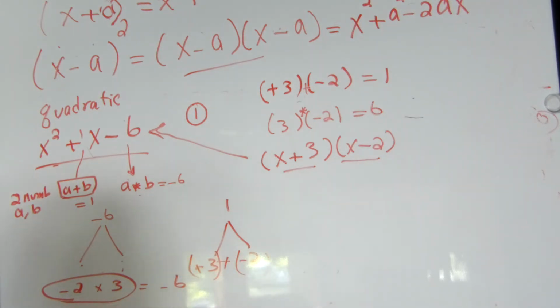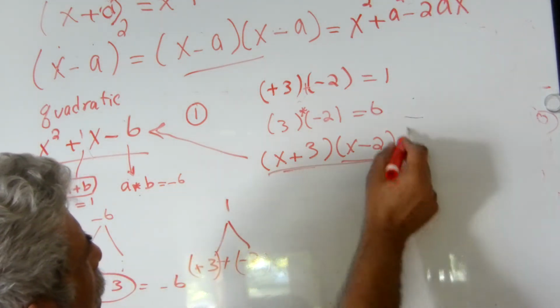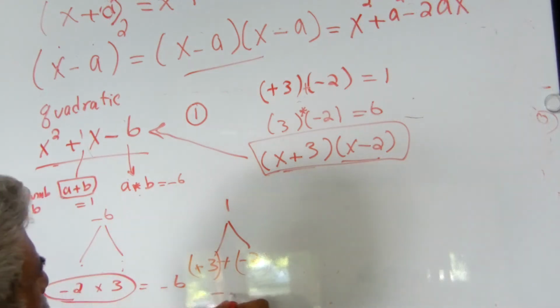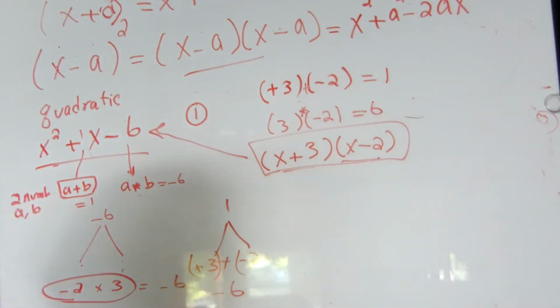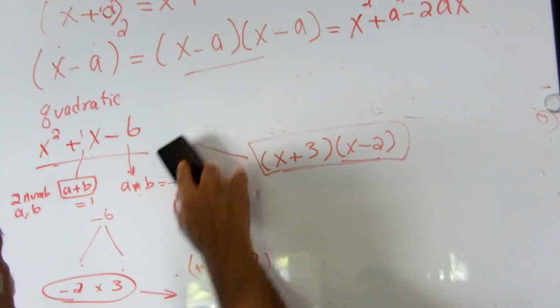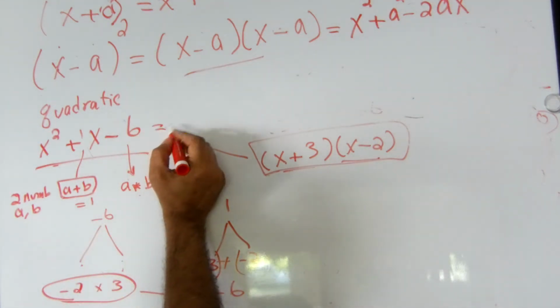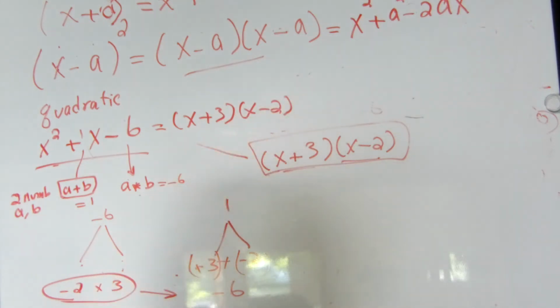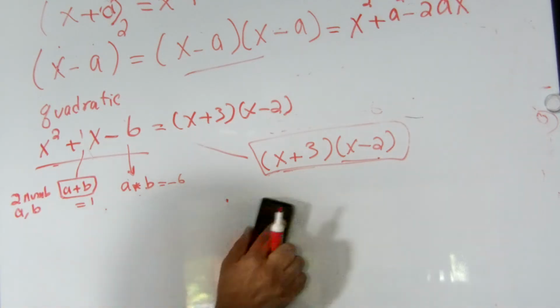So this is going to be the answer. Minus 2 times plus 3 is going to be minus 6. So we can write this one as x squared plus x minus 6 is equal to x plus 3 times x minus 2, okay?